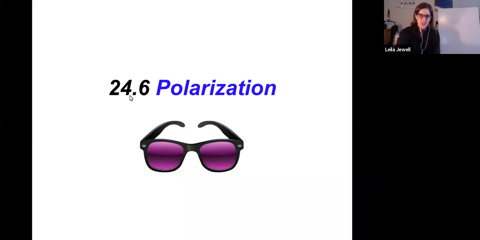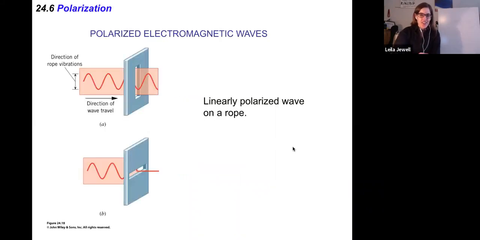Alrighty, section 24.6, our very last one on polarization, which you can think of sunglasses with. As you may have seen in the intro video that I posted just before this, polarized electromagnetic waves are ones that are just oscillating in a single direction. So you can imagine a rope or a spring, as was shown in the video, and that's actually a really good analogy.